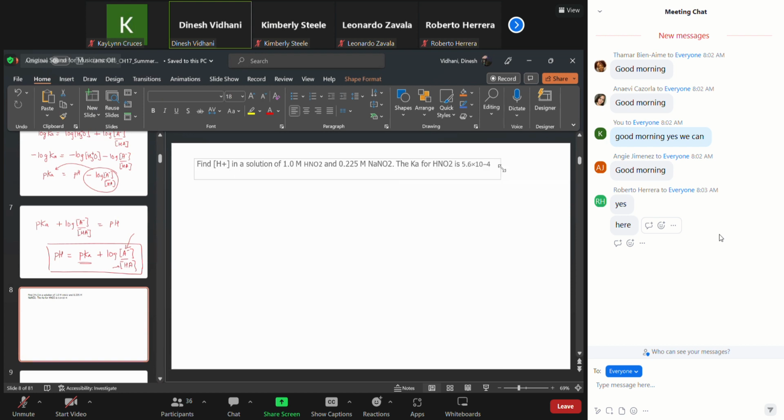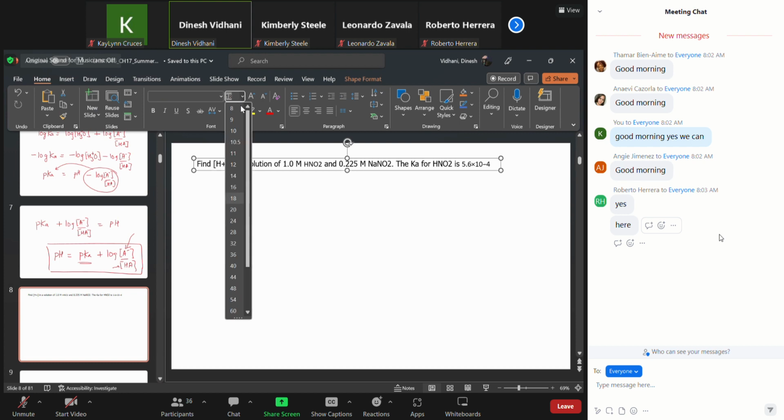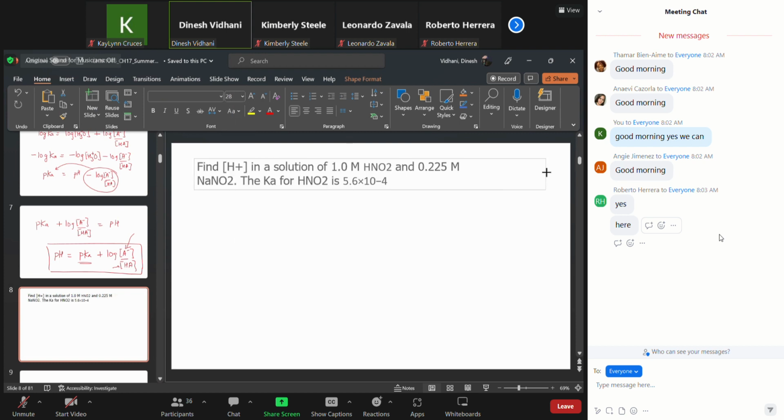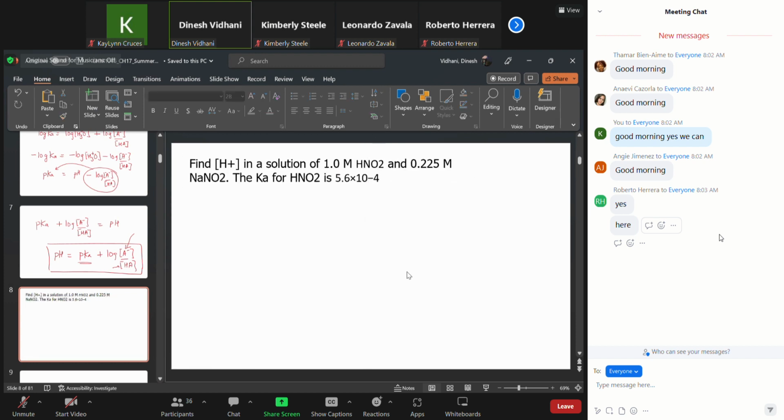So we can use the Henderson-Hasselbalch equation for this. I will make it a little bit bigger so we can read it clearly. So we need to find the H plus ion concentration in a solution which is 1 molar in nitrous acid.